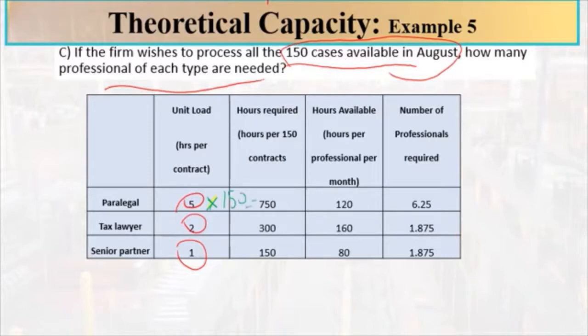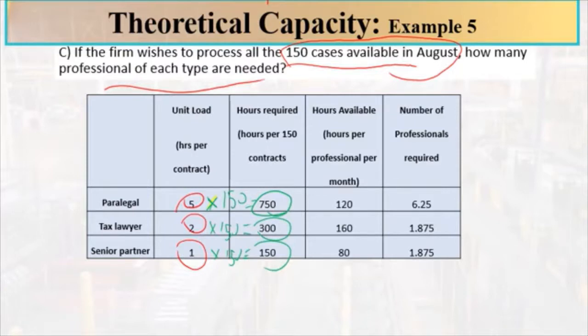So we get 750 here, 300, and 1 times 150, we get 150. So this is the hours required to meet the demand of 150 cases.